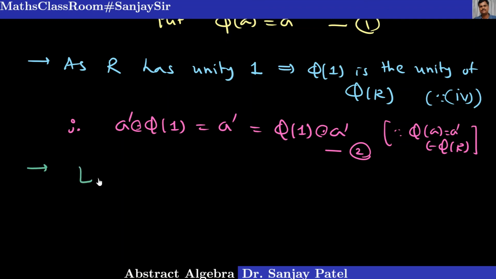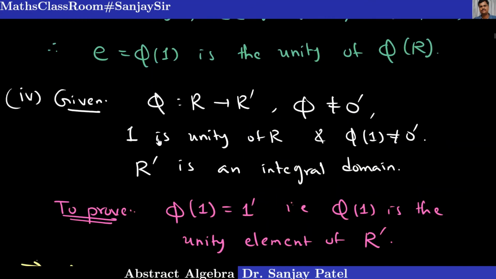let us take an arbitrary element in the ring R'. So let me write this way: let b' belong to R' be arbitrary. If b' belongs to R' and we are given that a' into phi of 1 is equal to a', yes, one more thing is required here, that it is a commutative ring.